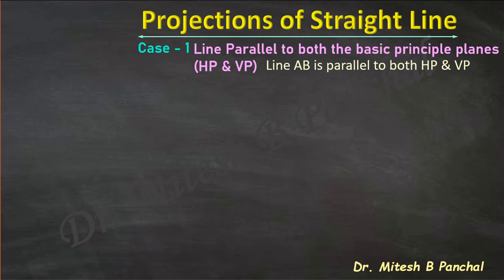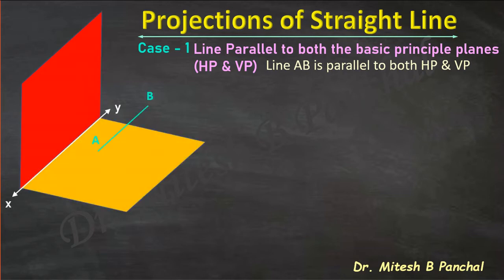So this particular problem is demonstrated like this, where the yellow plane is nothing but the HP, red plane is nothing but the VP. This is the first quadrant. Okay, and line AB is considered here parallel to VP as well as parallel to HP.